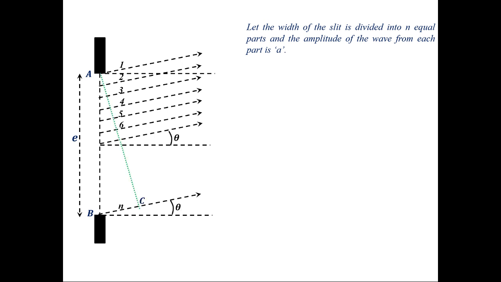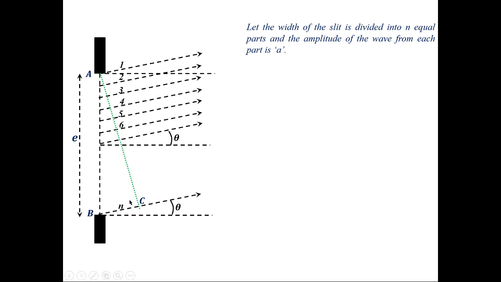To find the phase difference between consecutive light rays, let us first find the same between the first light ray and the last nth light ray, and then we will divide this phase difference by n to find the phase difference between any two consecutive light rays. Let us draw a perpendicular from point A on the last light ray, and BC will be the path difference between the first and last light ray.